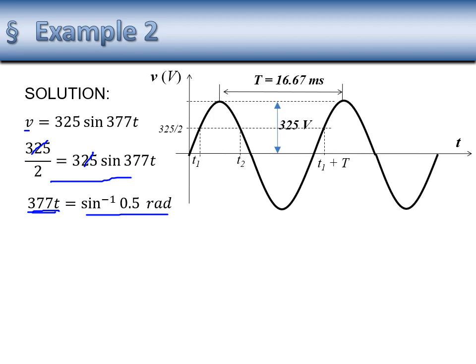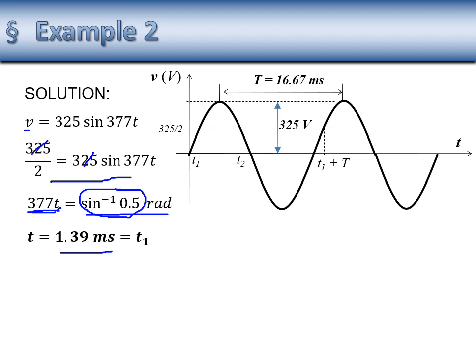If you multiply 377 radians per second by a second, you will get radians. So in getting this, it has to be expressed in radians. Doing that, we will get t sub 1 equals 3.39 milliseconds.